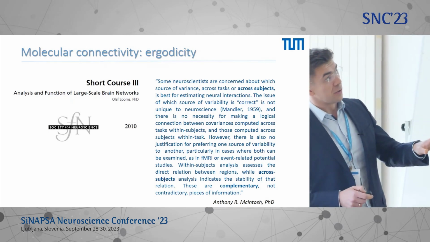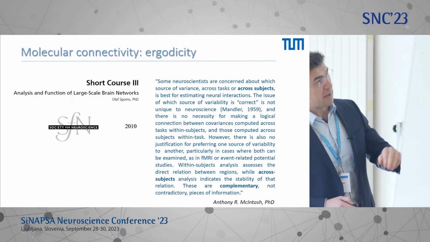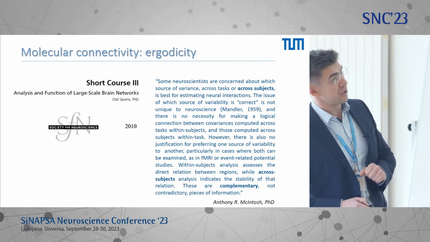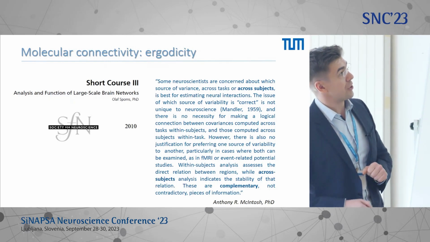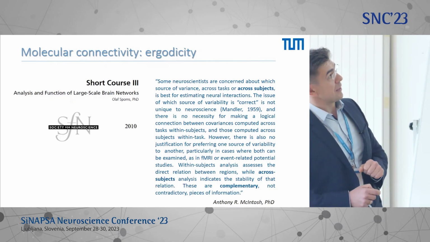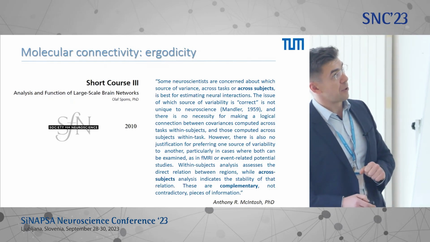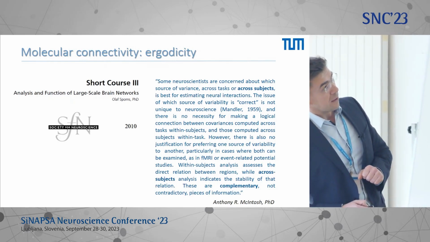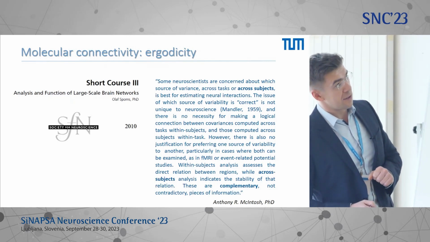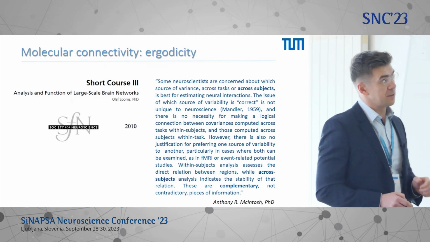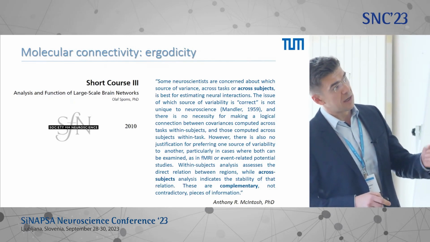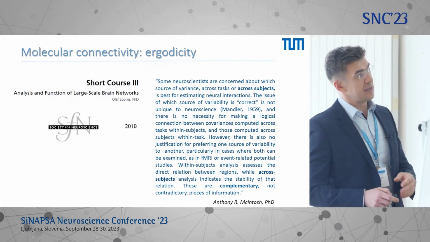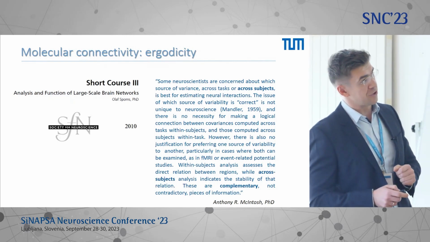This phenomenon is old and has been discussed in many fields beyond medicine and biology, and I found this discussion very nice by Anthony McIntosh in the course about analysis and function of large-scale brain networks already in 2010, who wrote that some scientists are concerned about which source of variance, across tasks or across subjects, is best for estimating neural interactions.